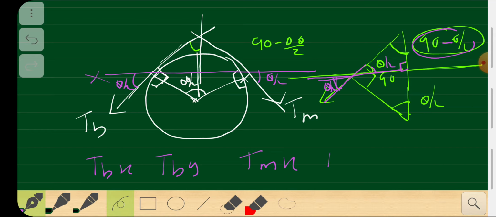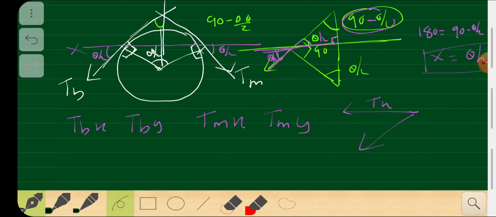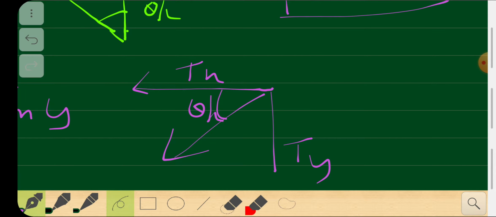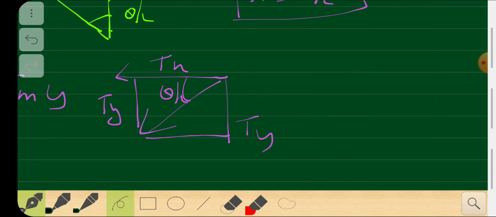It has an x component, say Tx, and a y component Ty. This angle is theta by 2. Both components are the same thing, and the angle is the same.